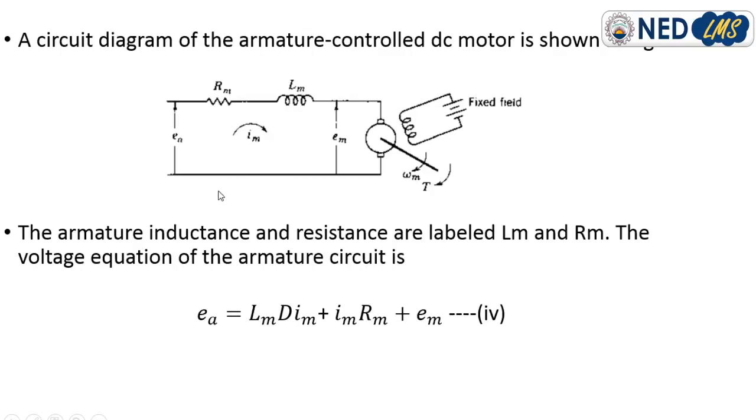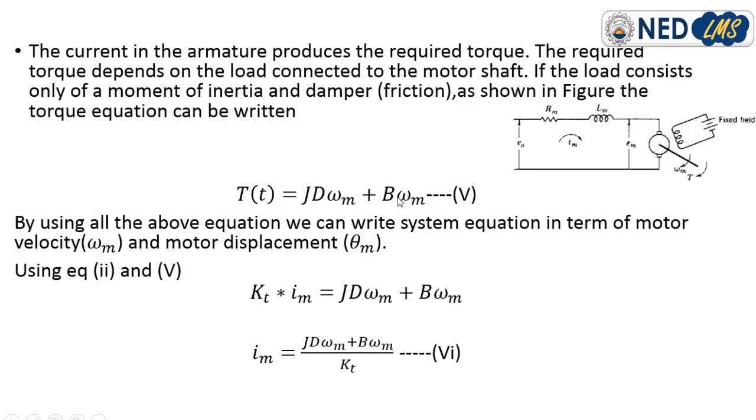The KVL loop equation will be EA equals VR plus VL plus the back EMF EM. Similarly, the resistor voltage will be replaced by R into I, and the inductor voltage by L dI/dt, the mathematical models of the resistor and the inductor. This is our equation number 4 here.